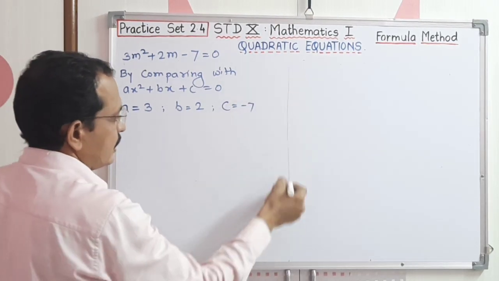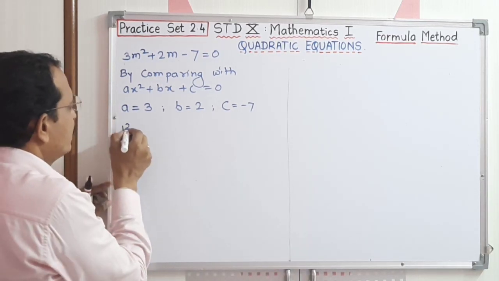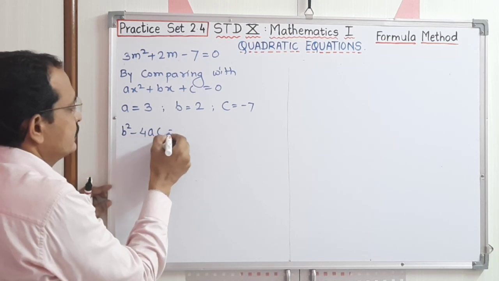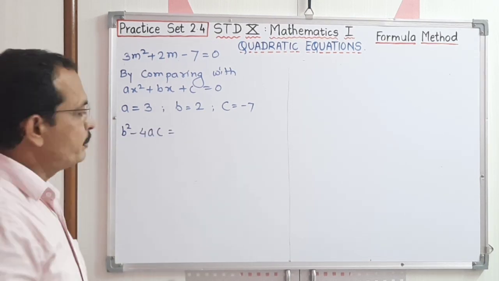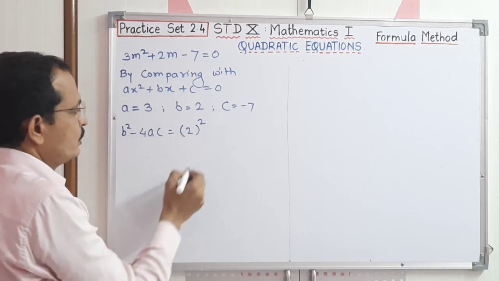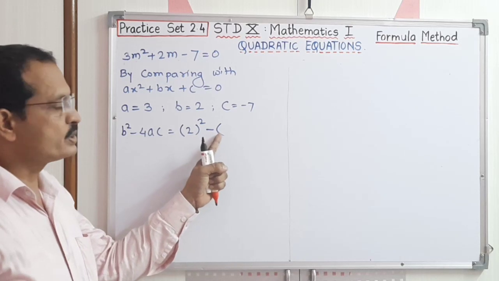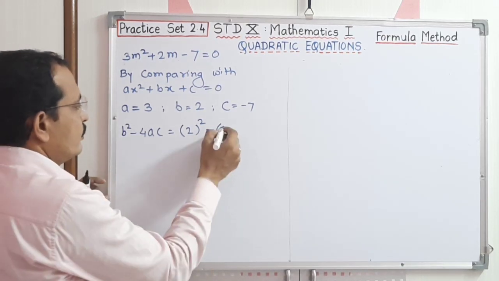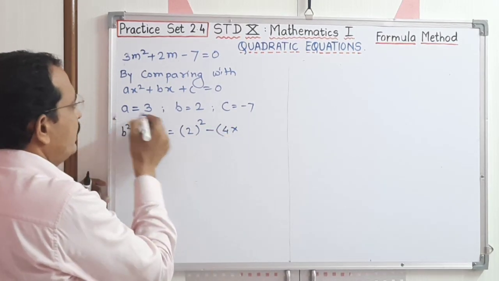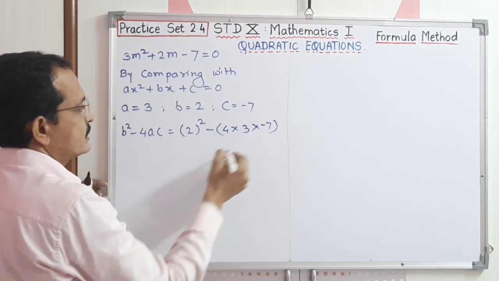Now, let's start with b square minus 4ac. First of all b is 2, therefore square of 2 minus, remember we have to use the brackets, 4 into a which is 3 and c is equal to minus 7.